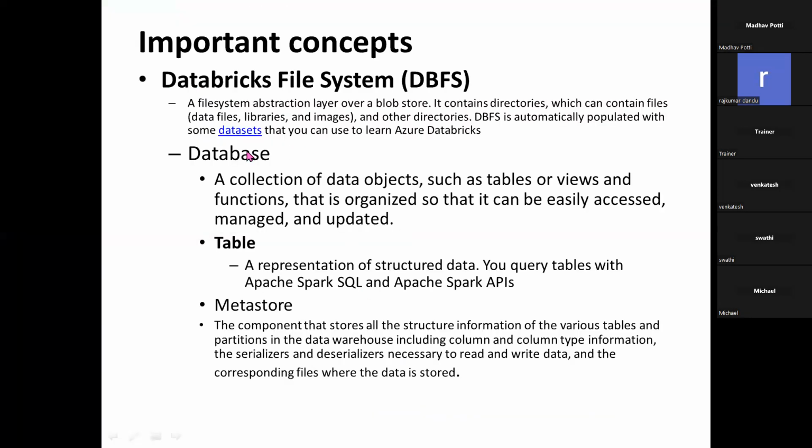Now, once you have a file, we can create your own database also, right? And what is a database? We already discussed. It's a collection of objects like tables, views, functions, whatever you want.